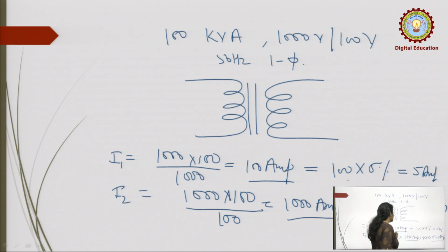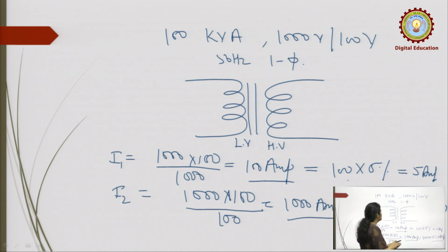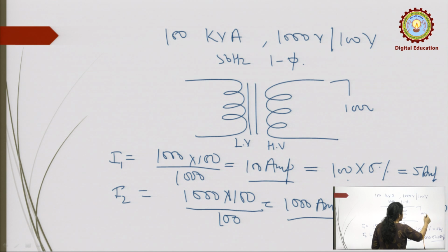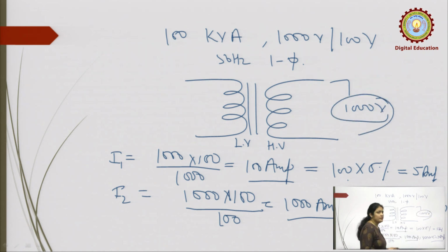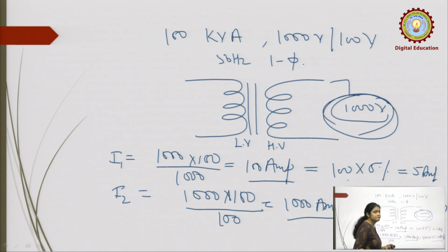Okay. So now if you perform the no load test on the high voltage side, that means you apply 1000 volts, but 1000 volts is not available in the laboratory. That is the one point, and second, 1000 volt is a very high voltage, so there are many precautions you have to take.